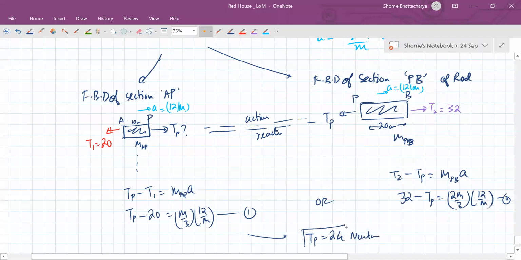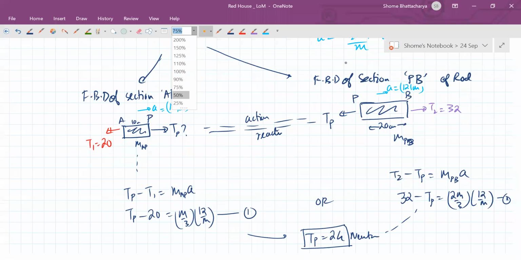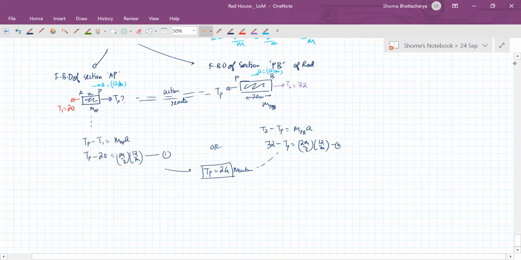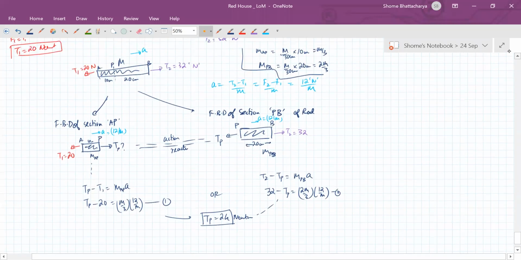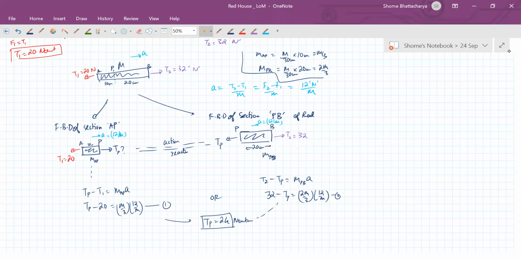That will be that tension. Okay, so if you recall the early few lectures for tension we had discussed, tension in a heavy rope, how we had seen it varies linearly in this kind of situation. Okay, this is how we'll.